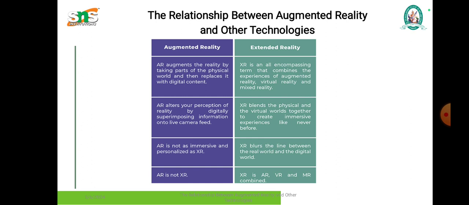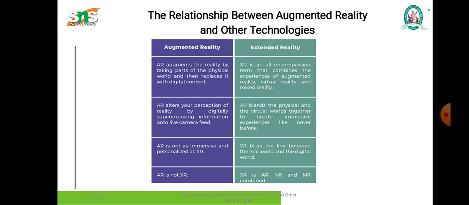But XR is an all-encompassing term that combines the experience of AR, VR, and MR. The second point, AR alters your perception of reality by adding digital information onto a live camera feed. But XR blends the physical and the virtual world together to create an immersive experience like never before. That is called XR.